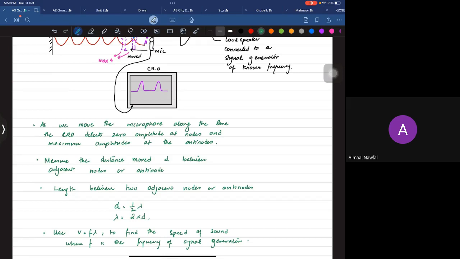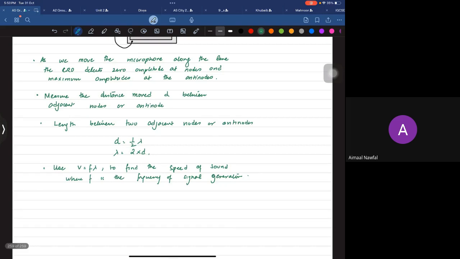Okay. The next would be, I just want to put a note here, so you guys also write that. Basically, you can also use the same method for finding the speed of electromagnetic waves, right?